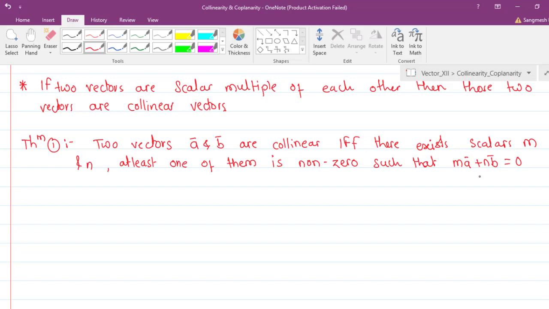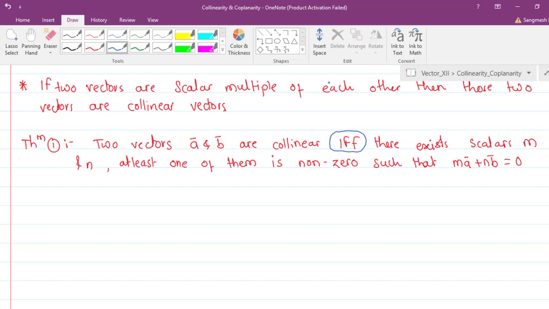Okay, so read this theorem. What it says: two vectors a bar and b bar are collinear if and only if. If and only if means what? Only one direction is true. If and only if there exist scalars m and n, at least one of them is non-zero. At a time they both cannot be equal to 0, means m equals 0 and n equals 0.